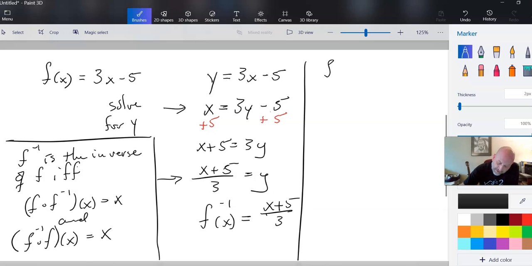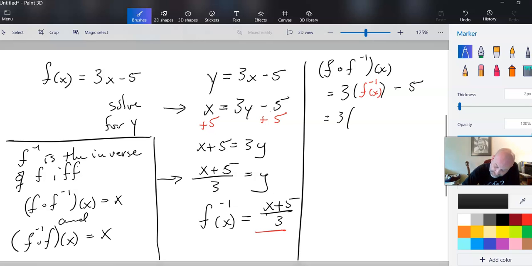So what I want to do now is take f and compose it with f inverse. And so we're going to check. So let's see here. f takes its input, multiplies it by 3, and then subtracts 5. I am putting what I think is f inverse in here, right? That's this. So let's put it in and see what it does.